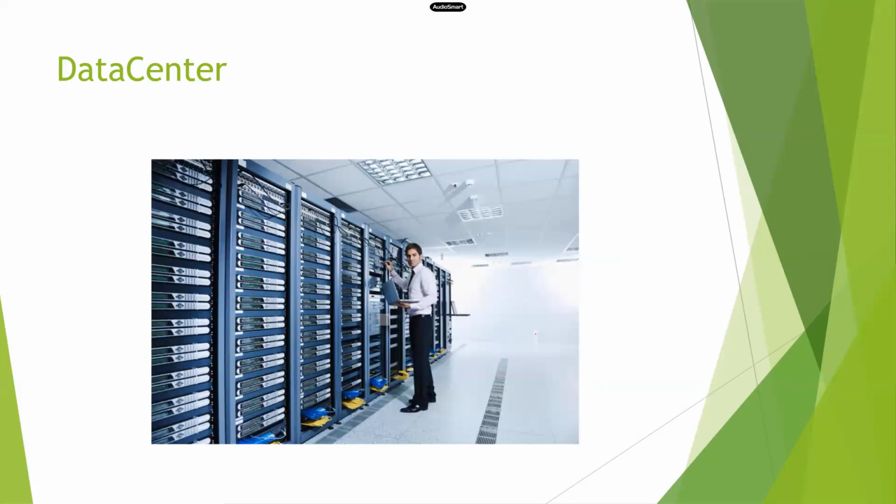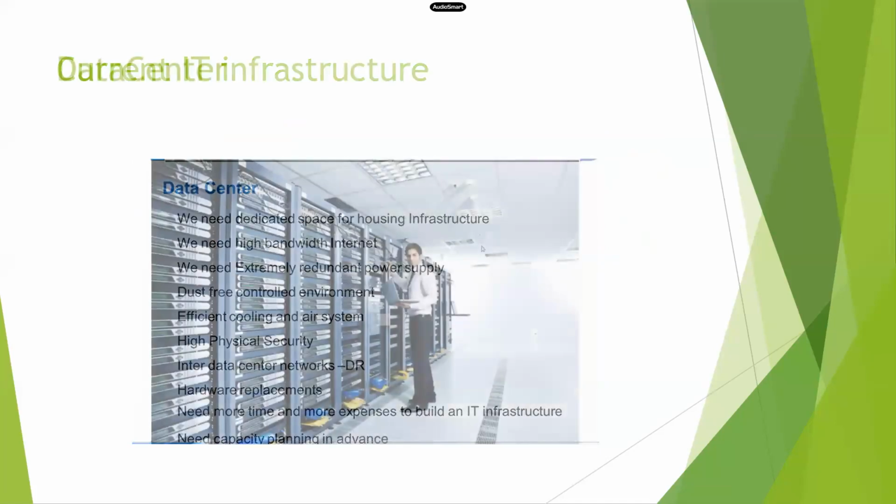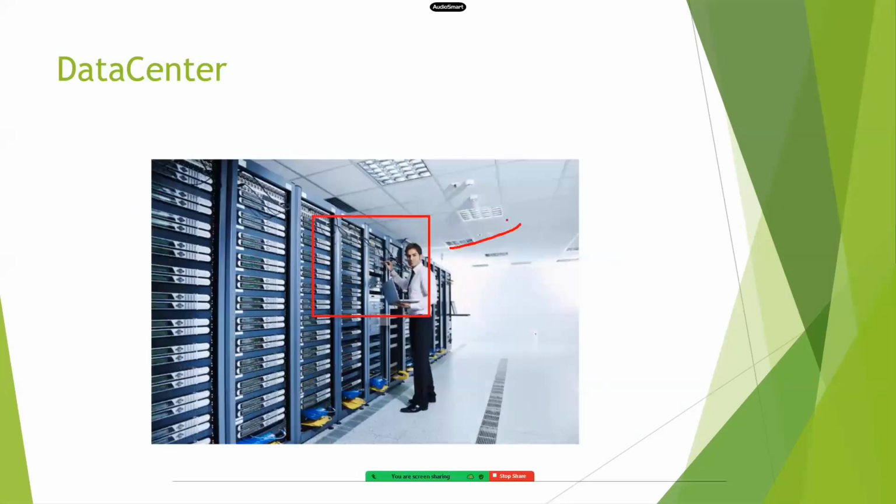To maintain our own data center, our own servers, our own load balancer, it is under cost. Have a look. One is space, the other one is power, redundant power supply. If there is no power supply for 1 hour, then what do we have to do? We have to run the data center with a battery or generator.